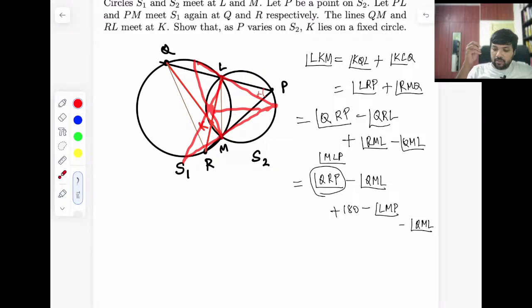Can we tell what it is? Or maybe it's not easy to write it in terms of the angle K. What if K is on the line joining the centers? I think K will be on the line joining the centers if P is on the line joining the centers, by symmetry.